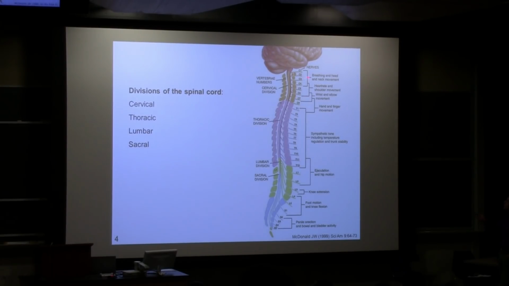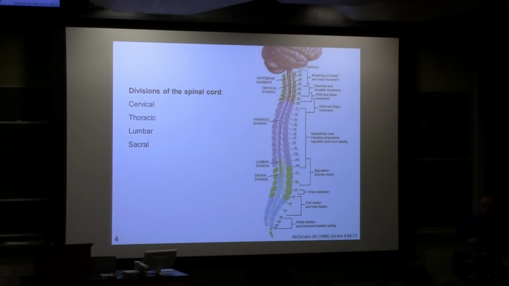But first I want to point out to you that the breathing is coming out of these cervical regions that are way up high, C1, C2, C3, and C4. But of course your breathing apparatus is down here, your lungs, and your intercostal muscles, and your diaphragm is down here.